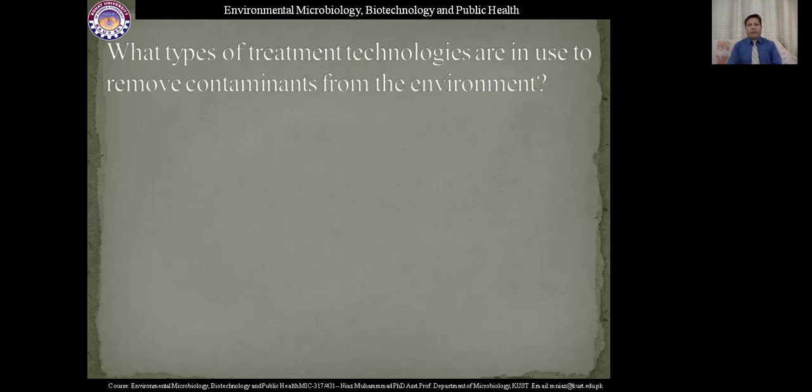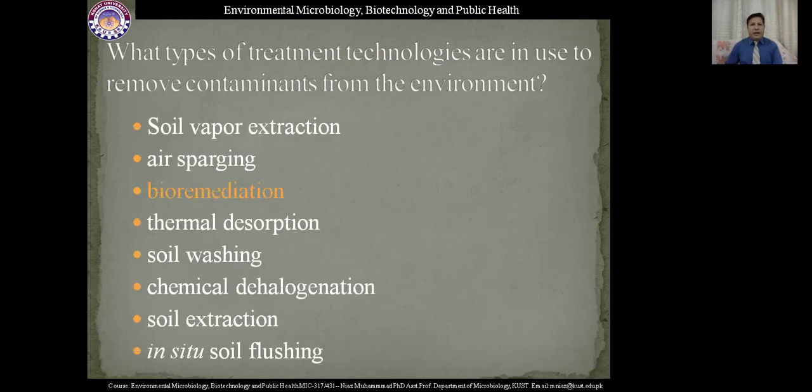Because environmental health is most important for living organisms, especially for human beings. If environmental health is not good, we can never expect that the people and living organisms living in that environment will have good health. If there are pollutants in an environment, directly or indirectly, by various means, they are affecting life on this globe. So in this regard, we have many techniques.